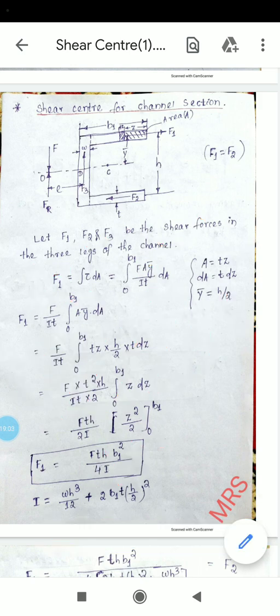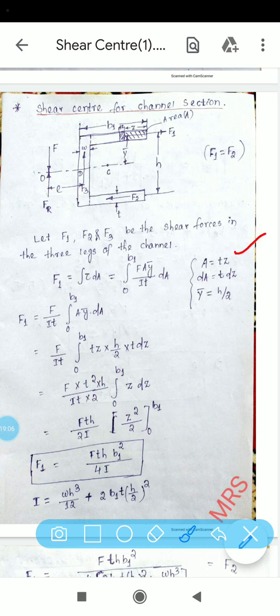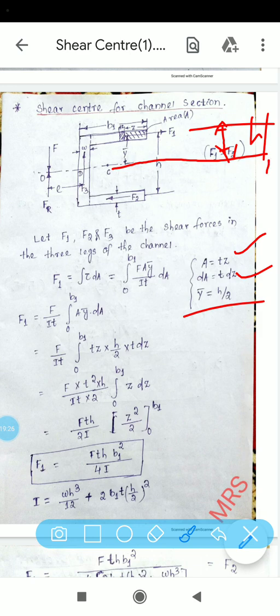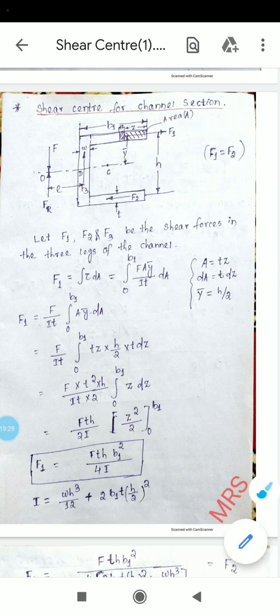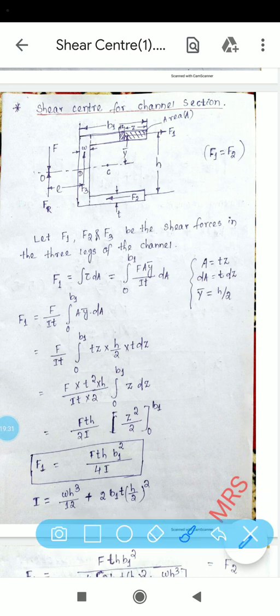I have written here area is equal to Tz, dA is equal to Tdz, and y bar is the distance from the CG of the whole section to the CG of the respective section. So this one is h by 2, y bar is equal to h by 2. So put all values: A y bar equals tz into h by 2, dA is equal to t dz.